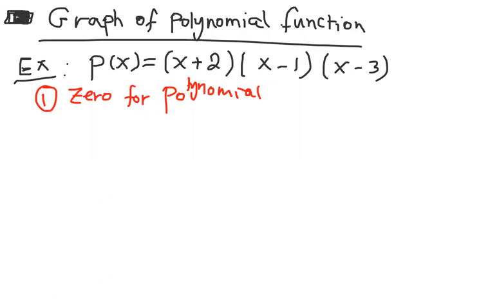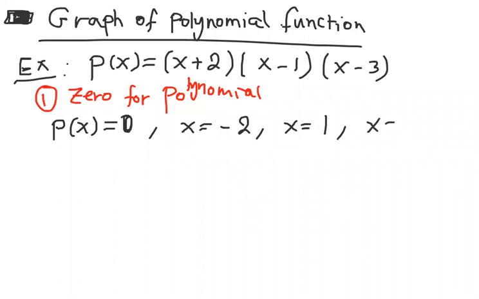So what are the zeros for this polynomial? I mean, when P of x equals 0, what are the values of x that make P of x equal 0? Is it x equals minus 2, or x equals 1, or x equals 3? So these are the three values that make P of x equal 0.